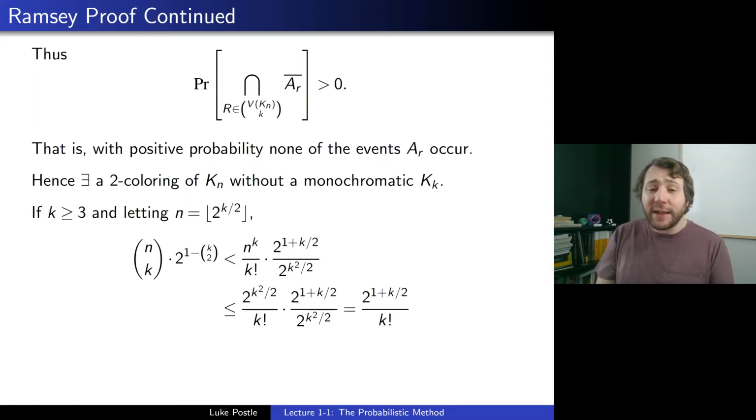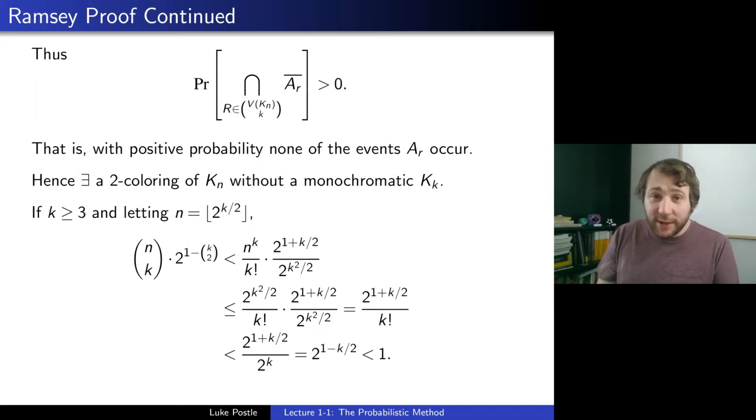Because now when we plug in n, that n^k becomes upper bounded by 2^(k^2/2), which will cancel with the lower right term, and that will leave us with 2^(1 + k/2) over k factorial. Now, k factorial should be quite a bit bigger than that, and indeed, k factorial is bigger than 2^k when k is at least 3, and so I could plug in a 2^k on the denominator there, simplify to get 2^(1 - k/2), which is strictly less than 1 when k is at least 3.